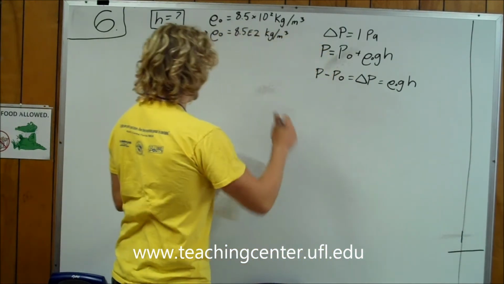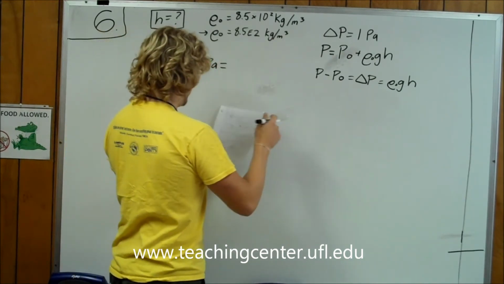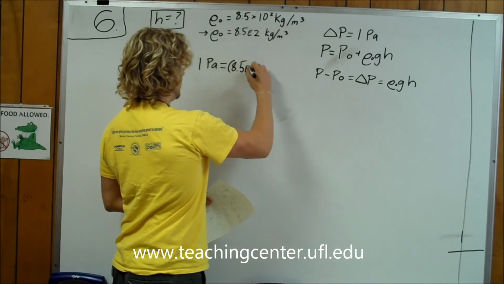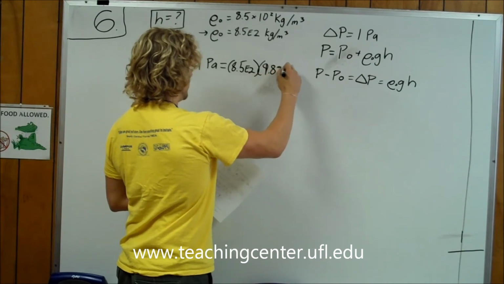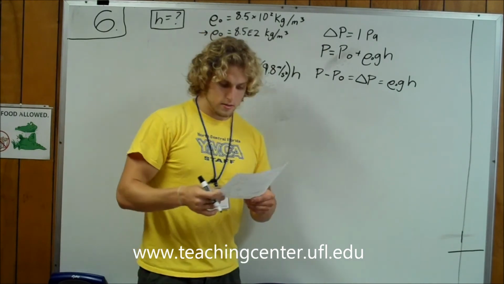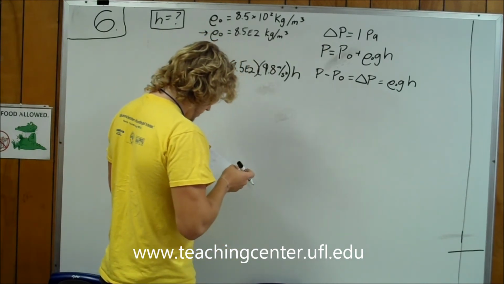So what we do is we have 1 pascal is equal to the rho of oil, 8.5 e to 2 times 9.8 meters per second squared times H, right? So, that's how we do that from here.